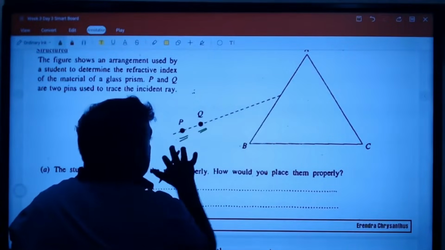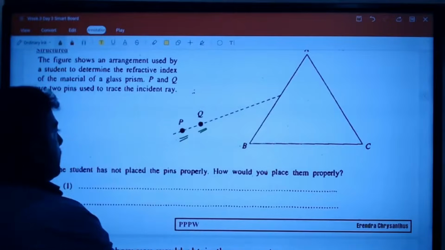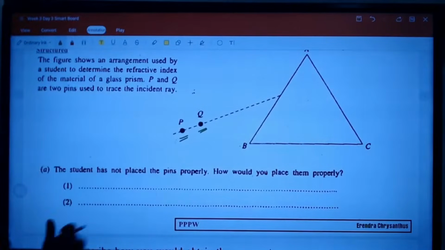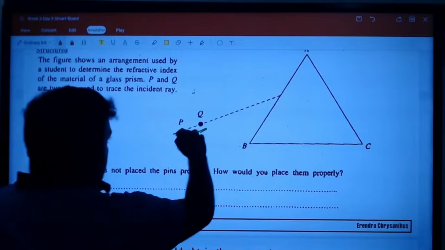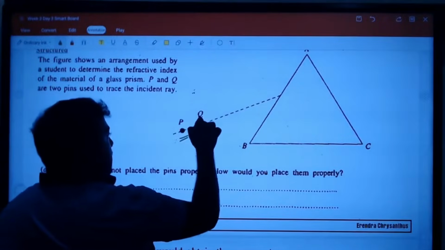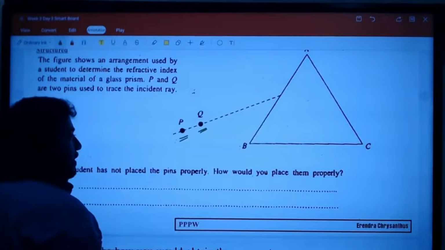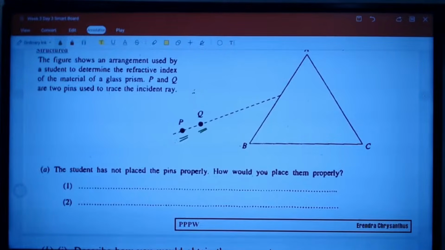This is not so suitable. P and Q should be far away from each other. Next, Q should be closer to the surface.